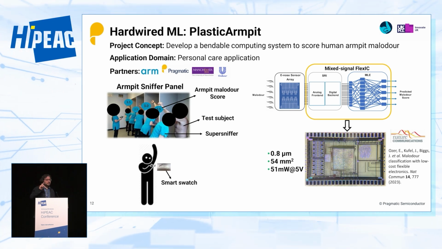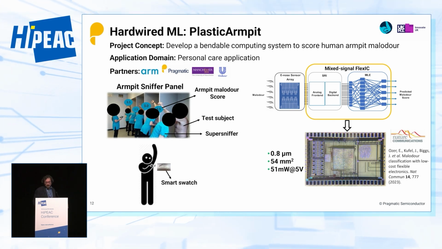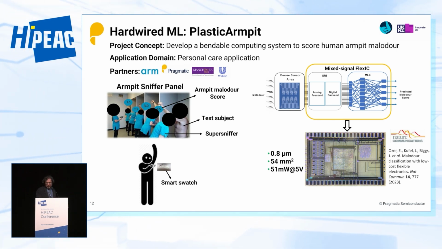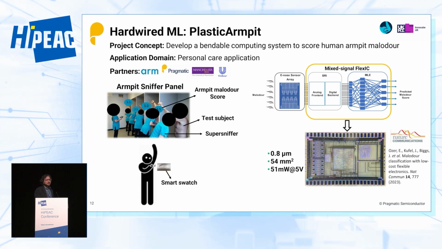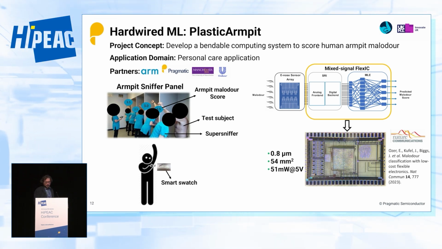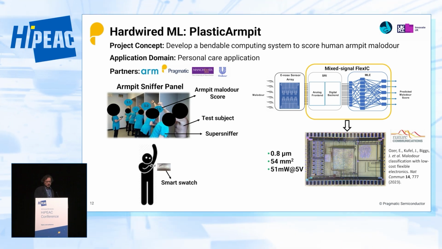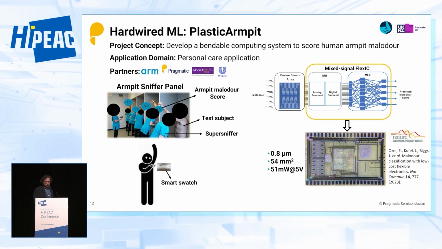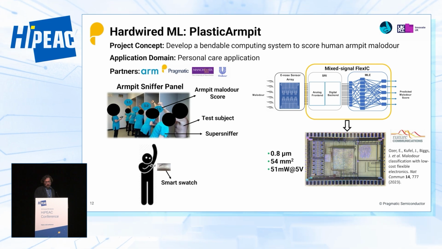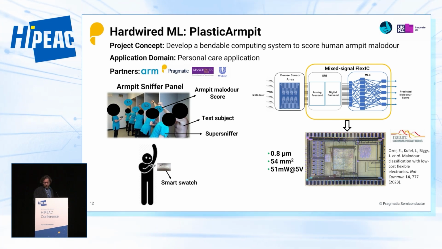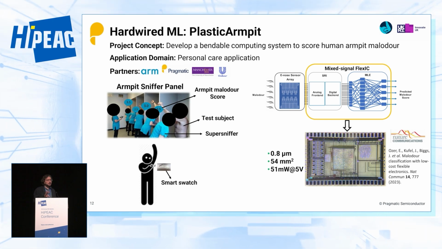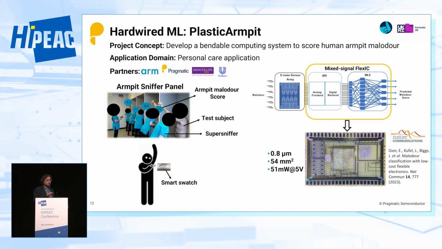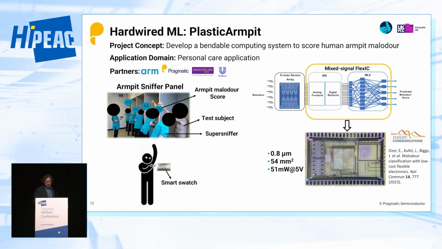If it is 5, it is a very bad smell. That was the simplicity of it. We built this chip using Pragmatic's older technology, 0.8 micron. You can see that the chip was relatively big and consuming power at 5 volts. And this was a hardwired ML, meaning this chip can only work for the specific use case.